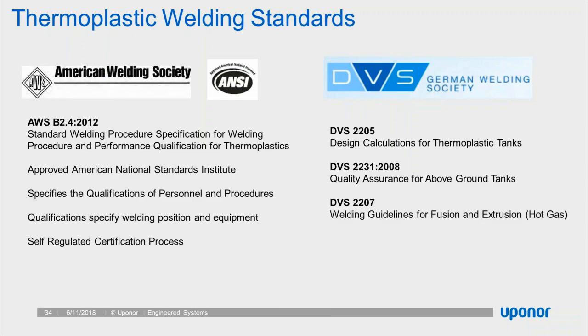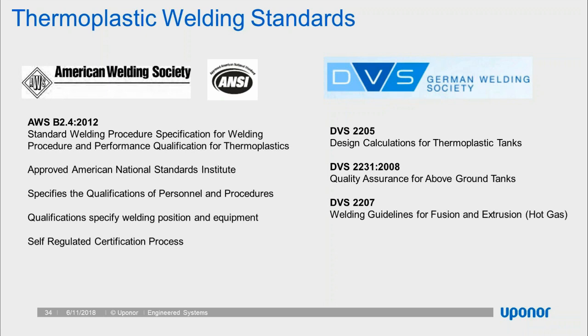There are two standards applicable to thermoplastic extrusion welding. The older standard, DVS, has been around for some time. It provides not only quality assurance and welding training and guidelines for operators, but it also provides design calculations and structural conditions for different welds and their strengths.